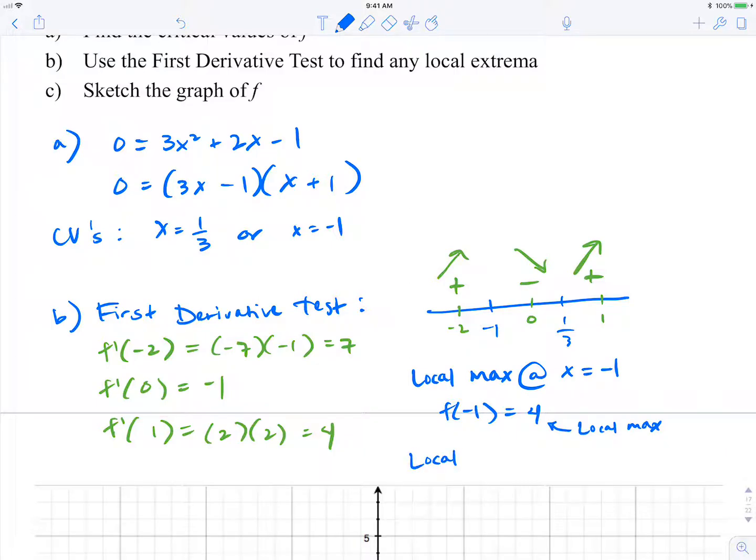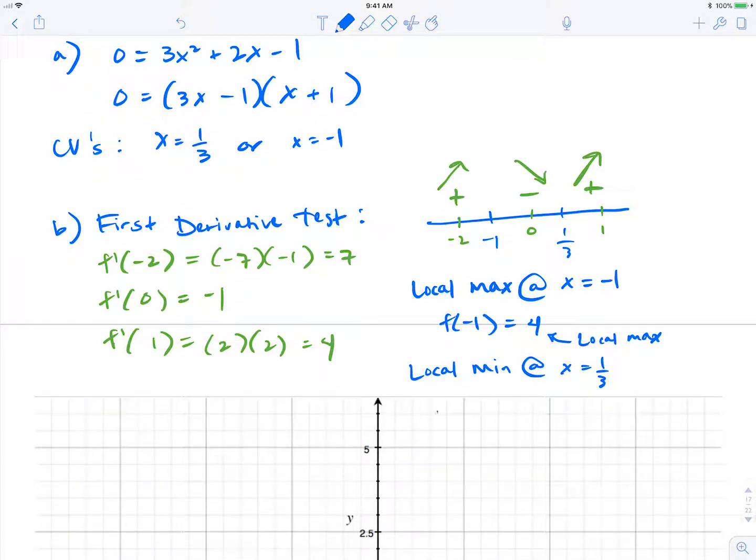All right, so local minimum then at x equals 1/3, where the graph changes from decreasing to increasing. And we want to find f of 1/3. And to find f of 1/3, do I have my calculator? Of course not. Give me just 1 second.